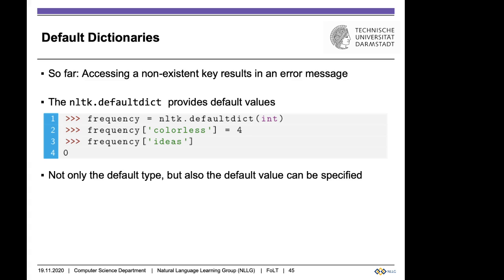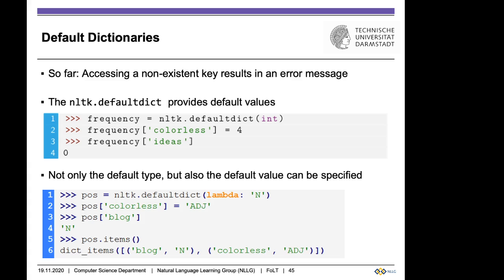We still can create new entries in the frequency tables by mapping a word like colorless to its frequency with a value of 4. And we also notice that if we have a word like ideas that is not found in the frequency tables, then the frequency will be assigned the default value, zero. Let's see other examples in the following.